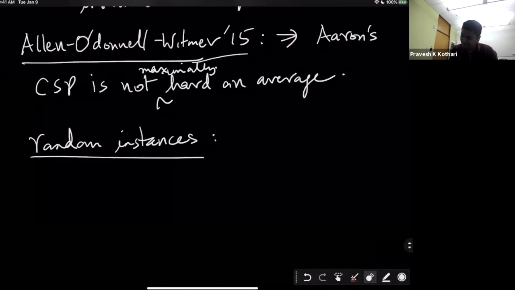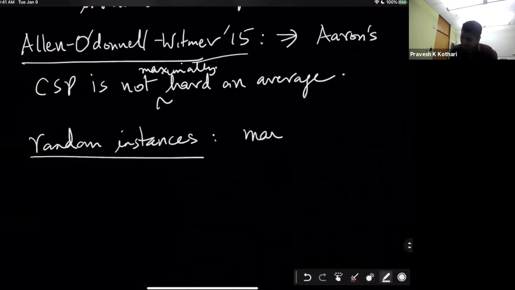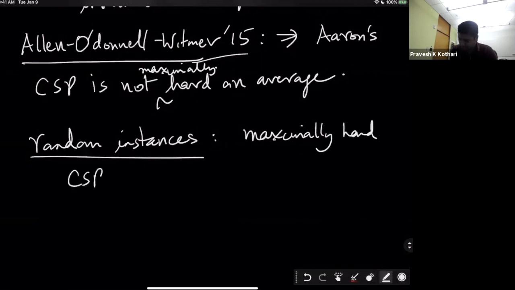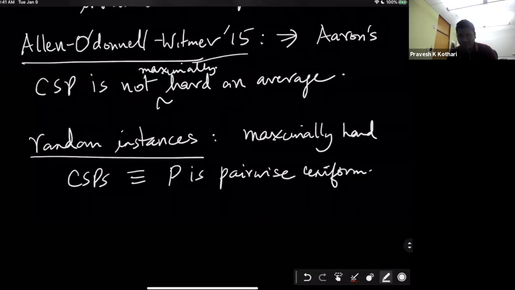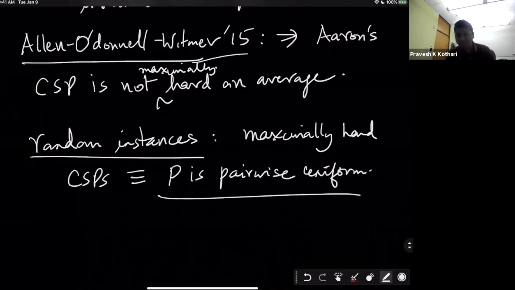Maximally hard CSPs are those with what are called pairwise uniform predicates. And there is some characterization of predicates which are hard for the worst case CSP problem. And it's a strictly larger set. Yeah, we'll do this in more detail the next time. But they are provably different classes.